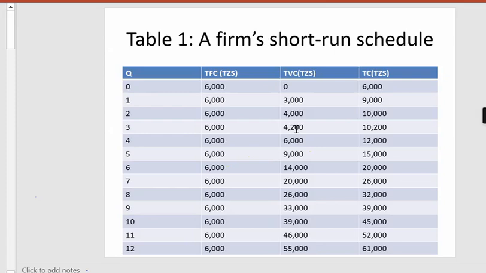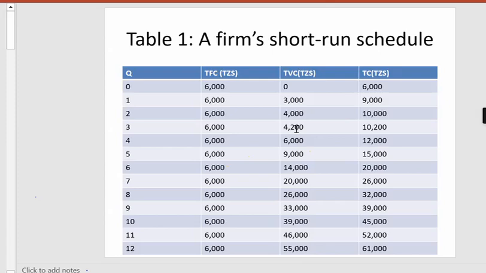When Q is 0, that means you are not producing anything. All right. When Q is 0, that means you are not producing.